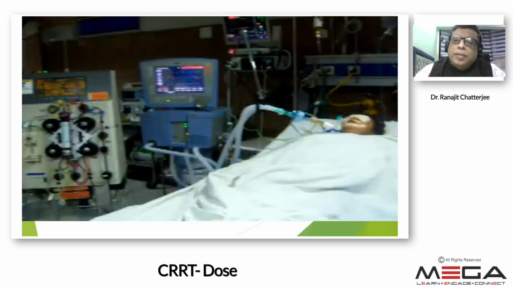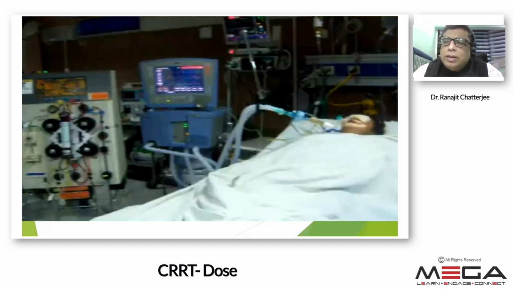So till now we have understood that we have a machine which filters blood, takes out toxic substances from the blood, and if the blood is acidotic, it reduces the acidosis. It takes out the excess fluid, so fluid overload is controlled with the help of ultrafiltration.